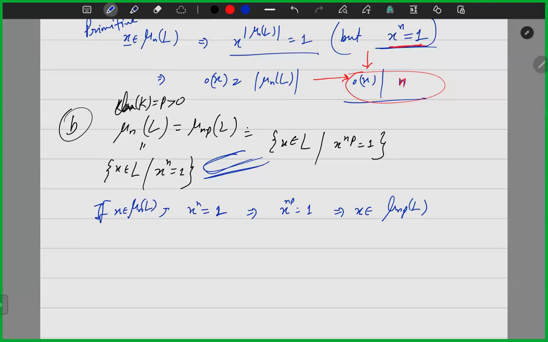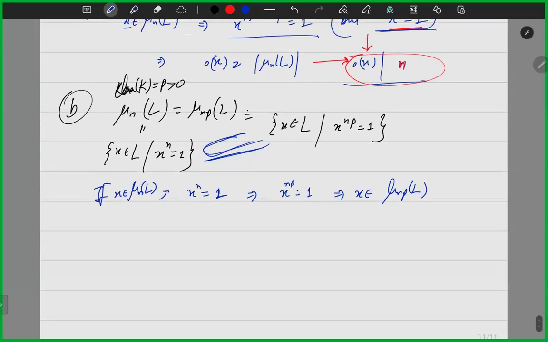Now for the other side. If x belongs to μ_np(L), then x^(np) is equal to 1. We want to show x^n is equal to 1.